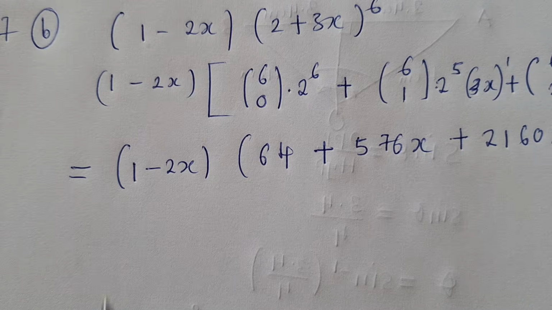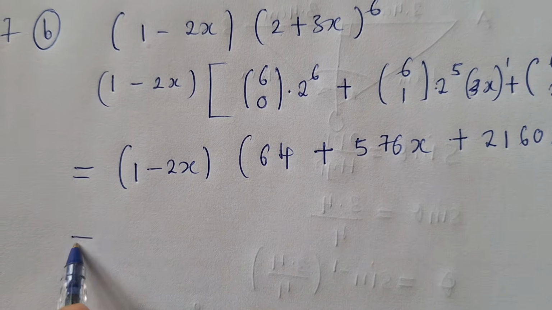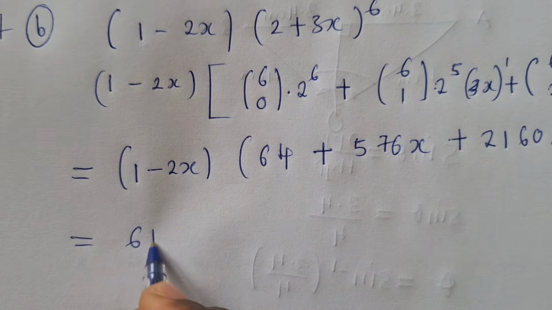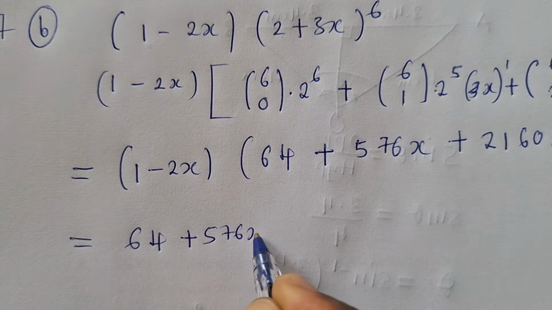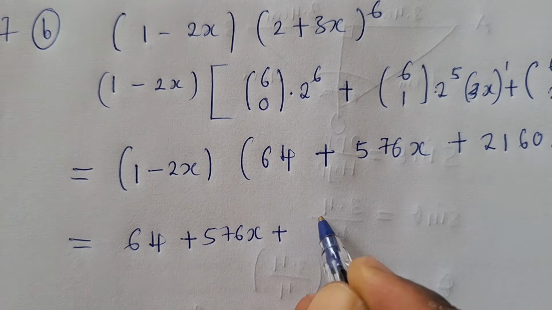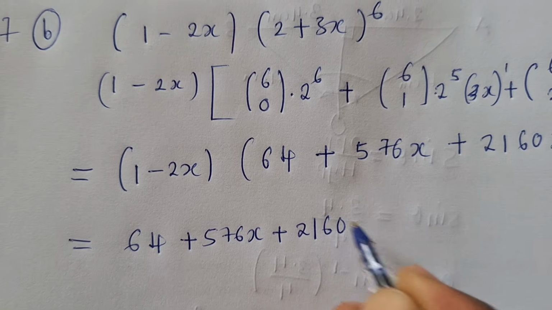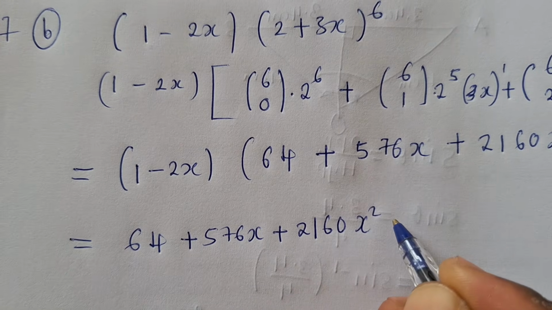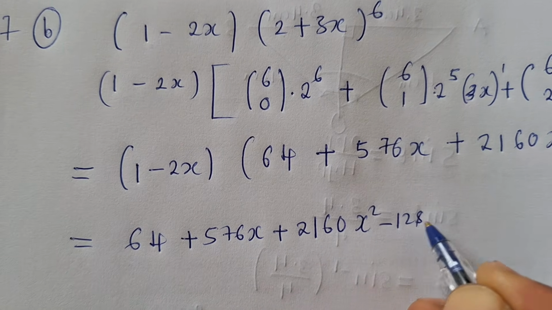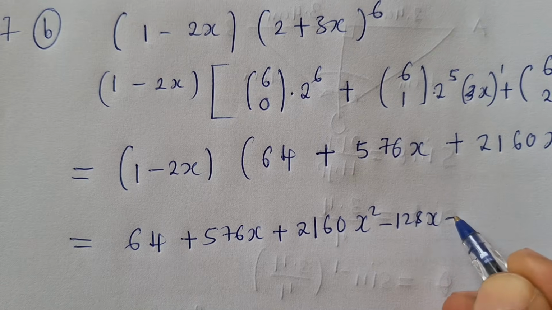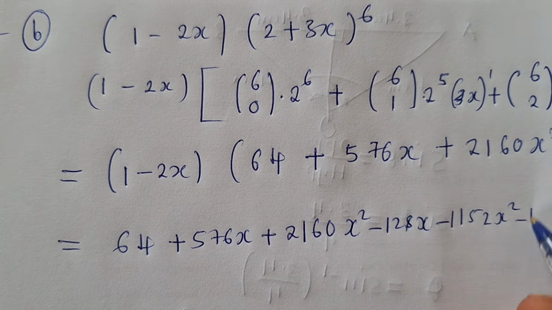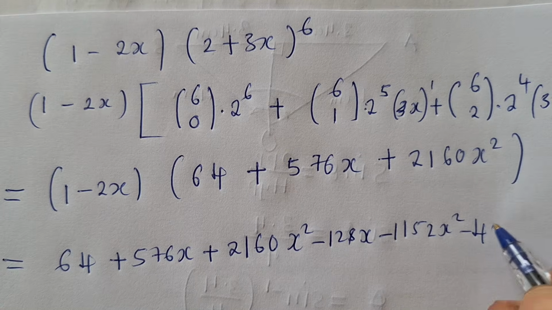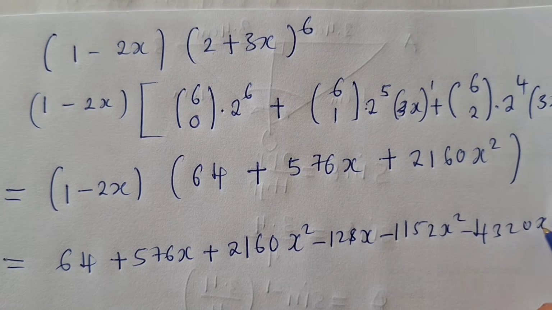So from here now you can multiply this by this. We're getting 64 plus 576x plus 2160x power 2 minus 128x minus 1152x power 2 minus 4320x power 3.